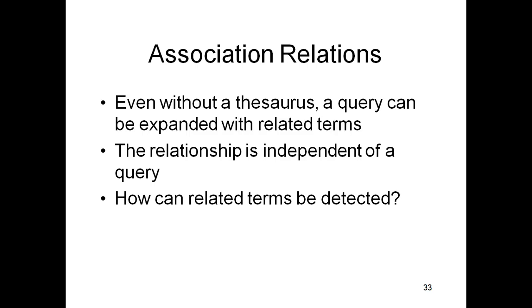So I have a word bank. The user entered bank. Now I want to find related terms to expand the query. And then I can have a list, I can have a thesaurus, but how do I get it? Either manual work, a lot of cognitive work goes into a thesaurus, but we want to do it automatically.